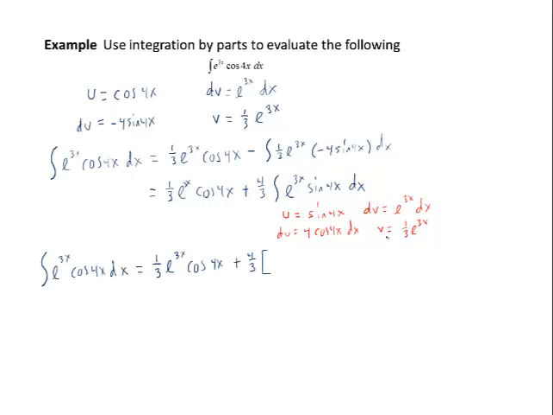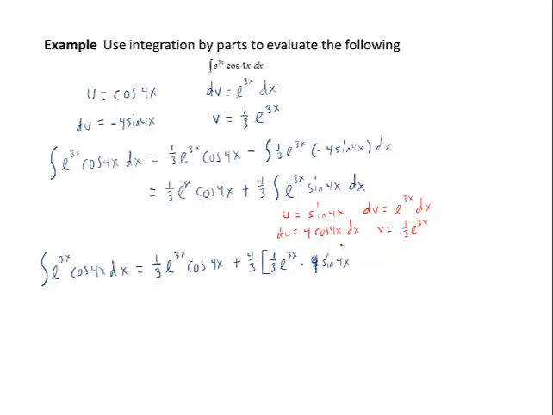U times v, so that's 1/3 e to the 3x sine 4x, u times v. There should be no 4 there. Let me just scratch that out.